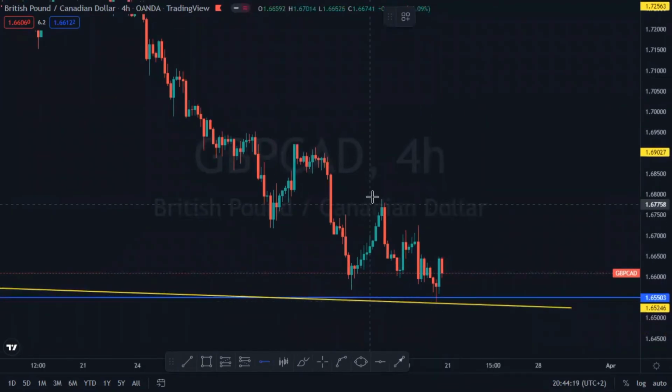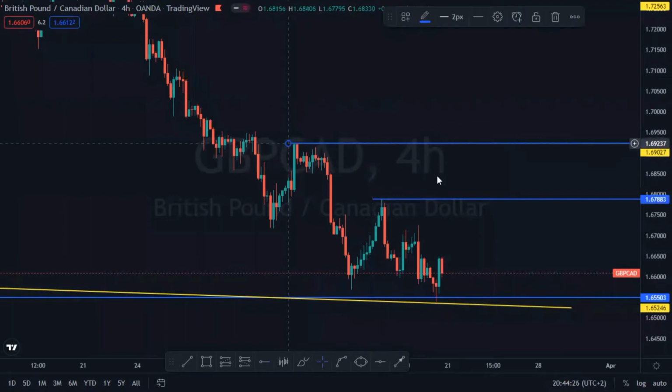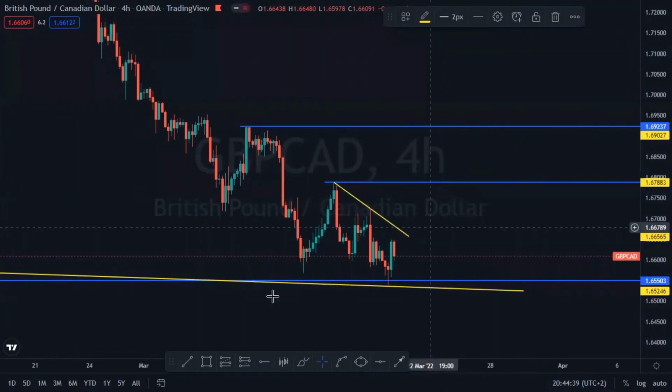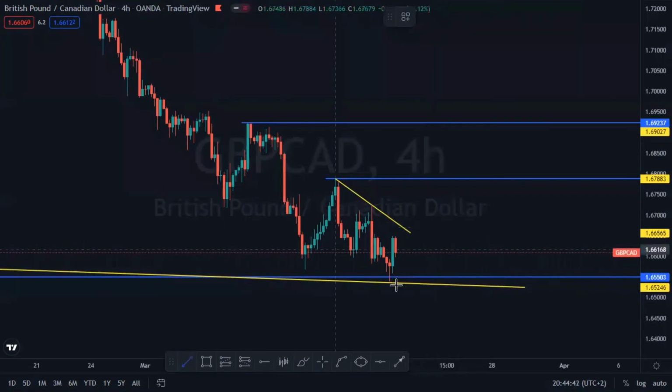And this was our previous high. So far we haven't broken this high. The moment we break these highs, then we'll be looking for buying opportunities. But for now, I'm seeing a falling channel here.